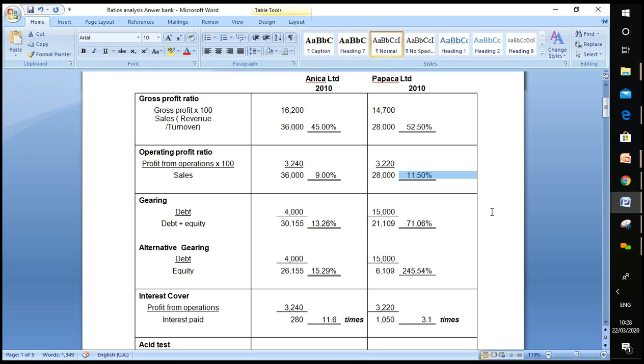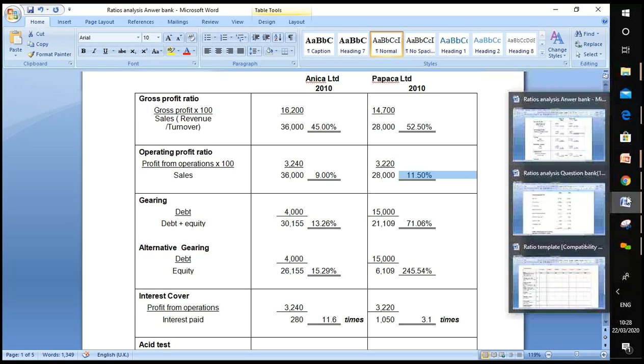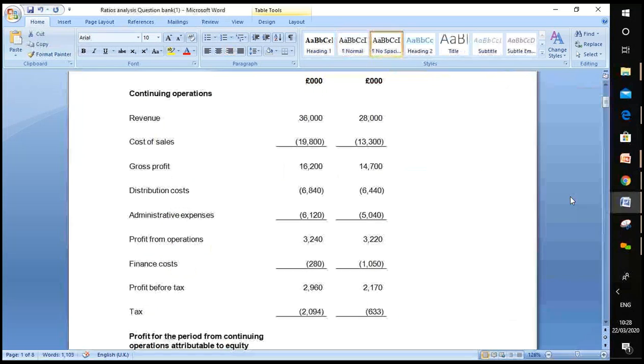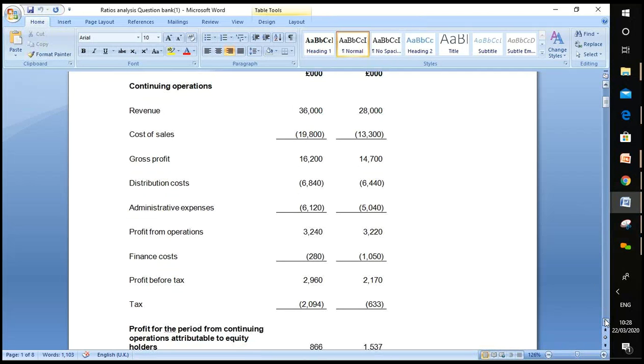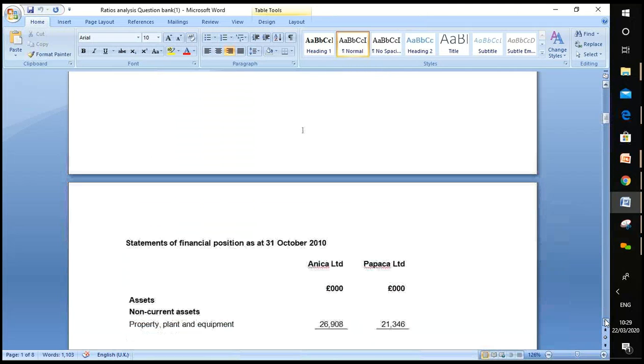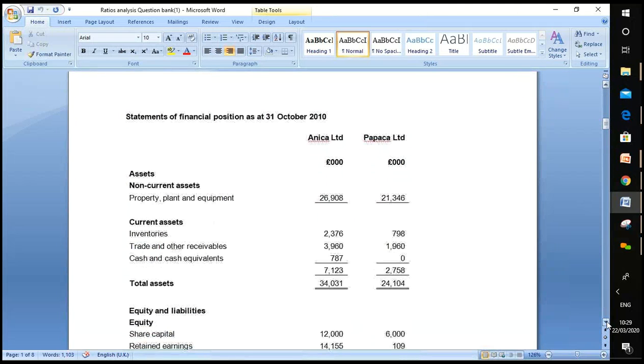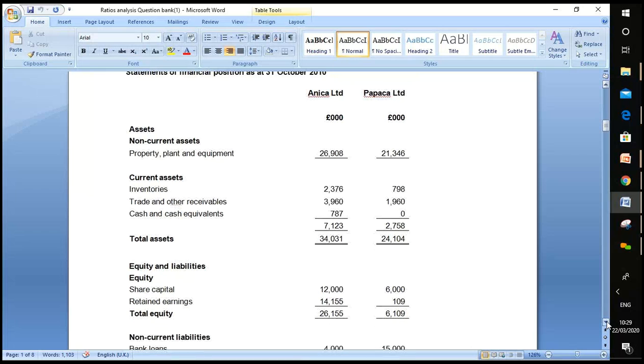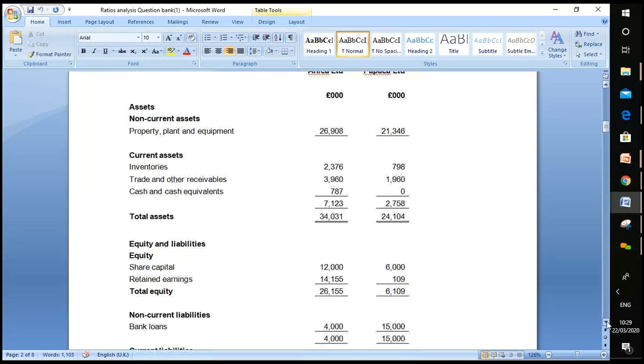Any question there? No. So we can pick two ratios from each category of ratio to make decisions. Then next we're looking at Anika and Papika's balance sheet.